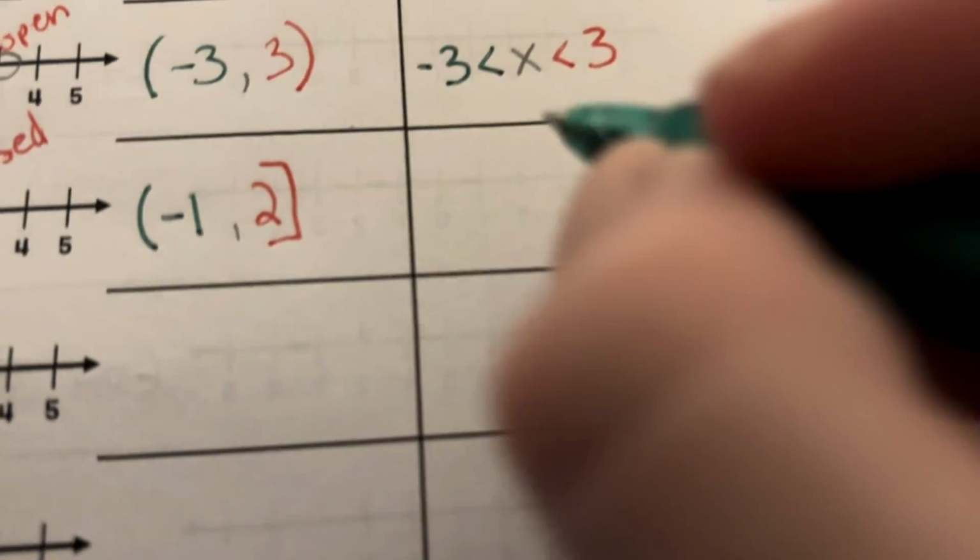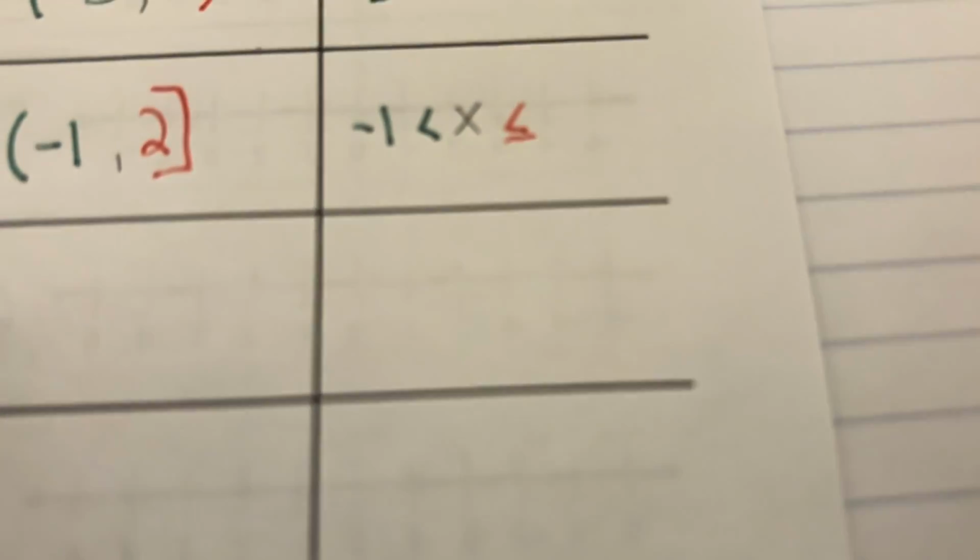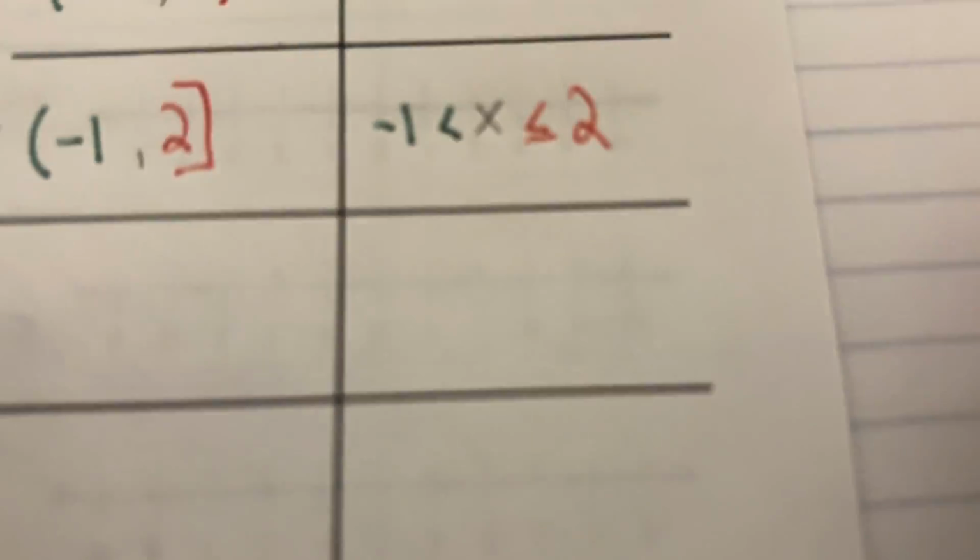When we do the inequality, we got -1 with just less than, or just the mouth, x in between because technically we are using the x-axis, and then we got the mouth with the line because it's a closed dot at 2.